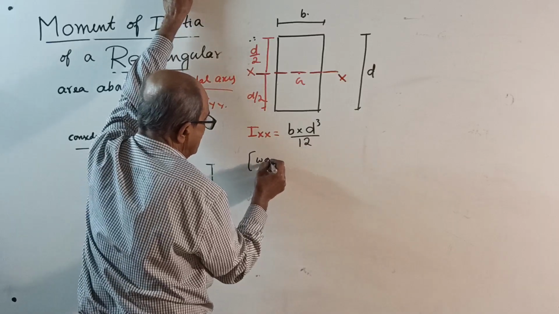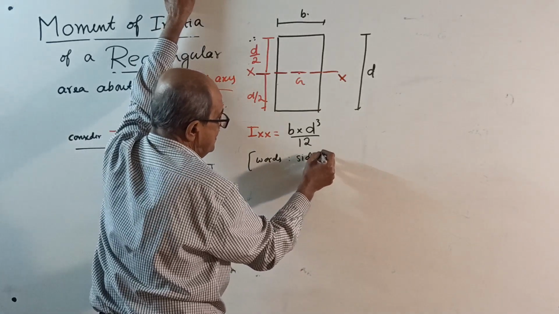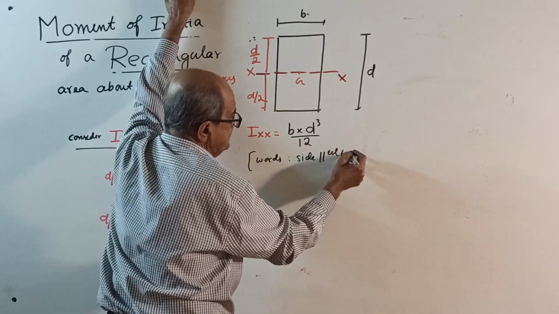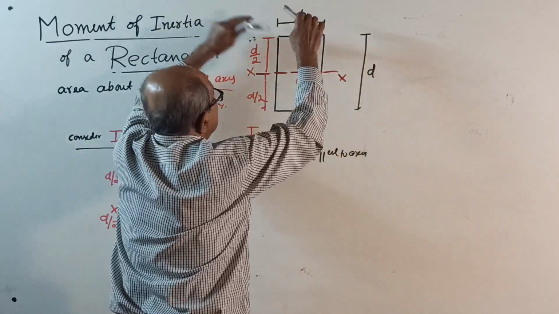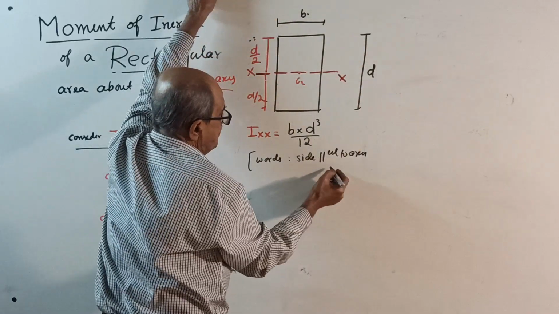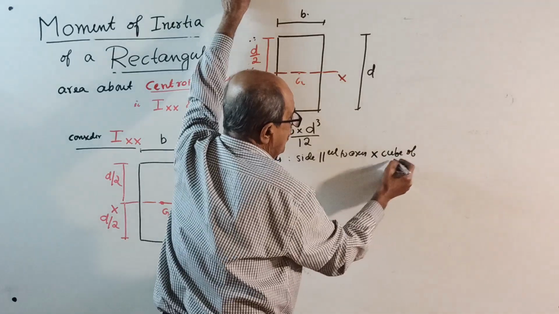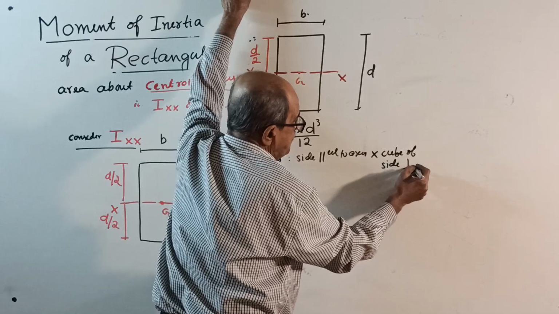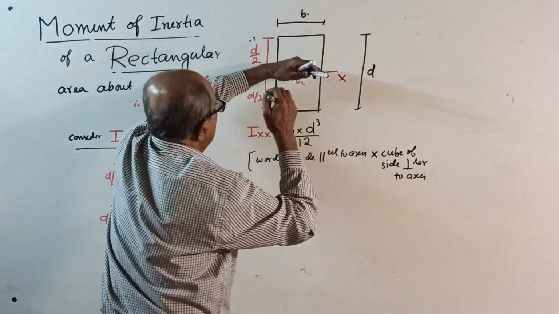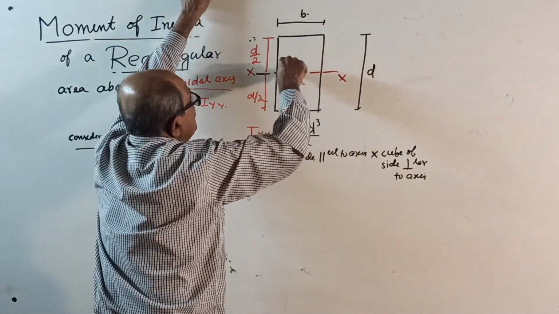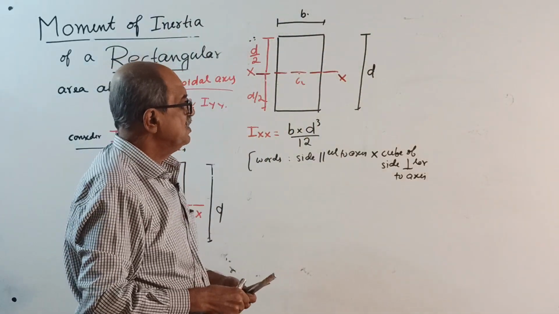Or in words I will tell: side parallel to the axis, meaning here the xx axis, multiplied by the cube of the side perpendicular to the axis. Axis considered. So, side parallel to the axis multiplied by the cube of the side perpendicular to the axis.